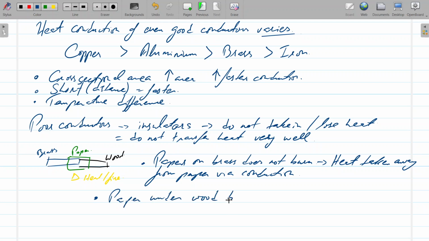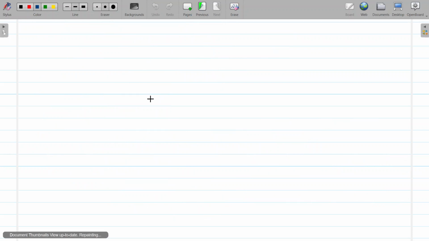The reason is that wood is not transferring that heat efficiently, and because of that, the paper gets hot and then it starts burning. So this is an example again for conduction. Any questions? No. Okay.